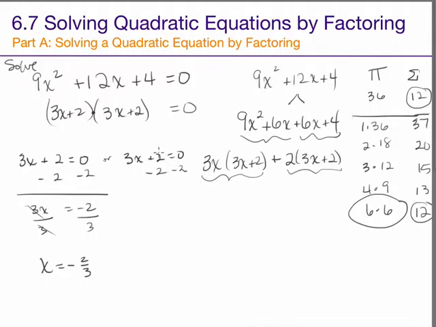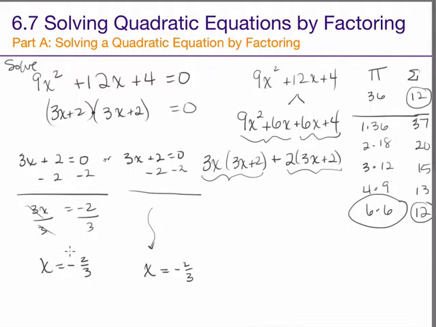I've just done it here. The result's going to be the same. X either equals negative 2/3 or it equals negative 2/3. Well, those are the same number. So in this case, my two solutions are the same.